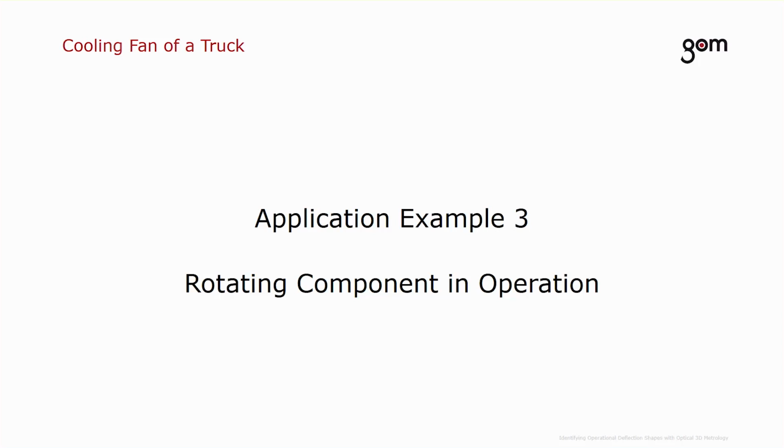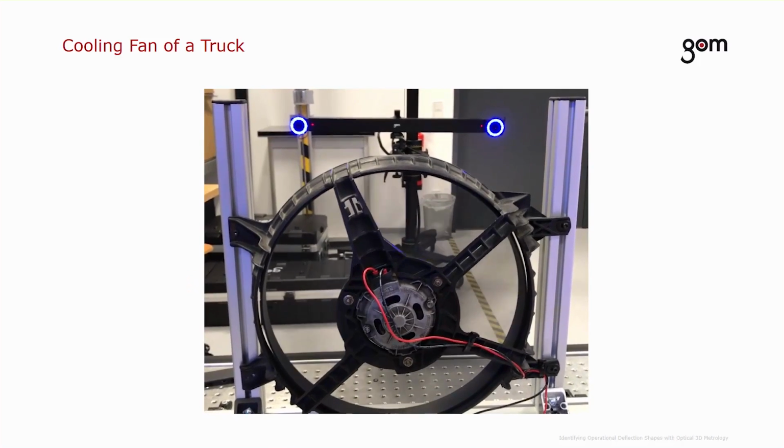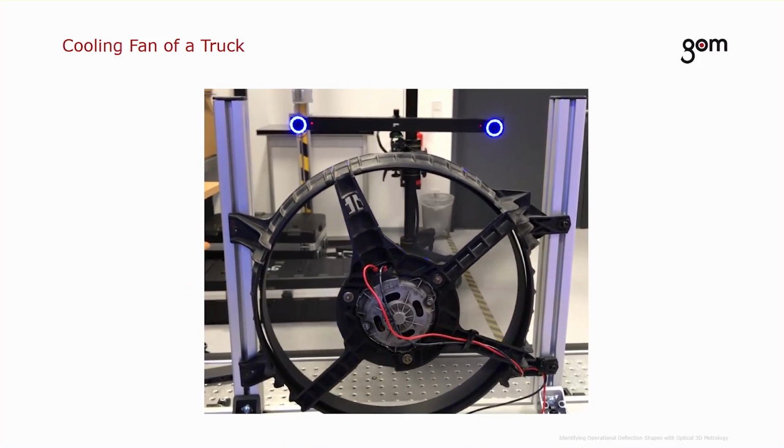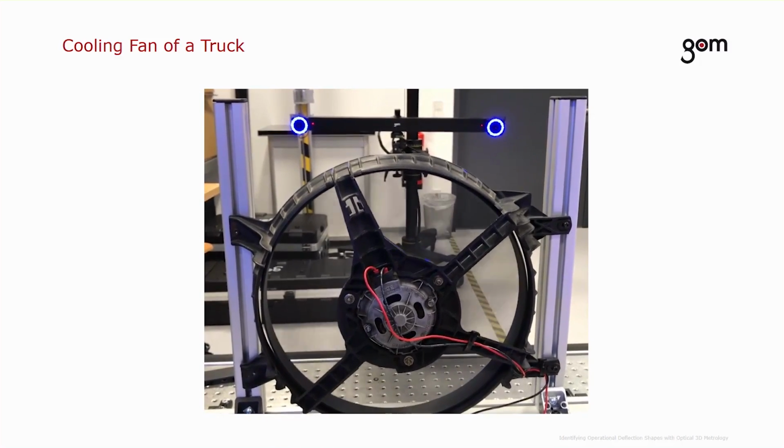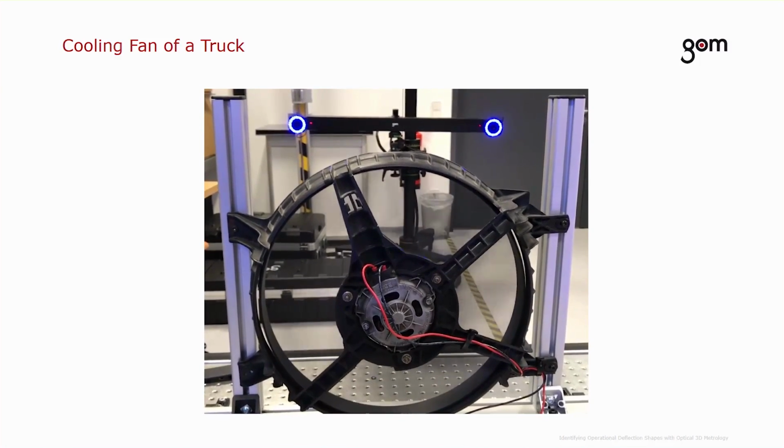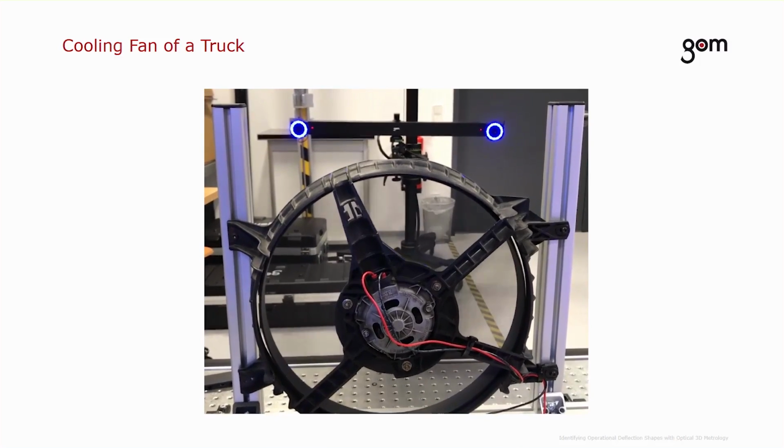The third example that I want to share with you comes from a rotating component in operation. As we work with a non-contact measuring technique, we can also capture motion information from rotating objects, like from this cooling fan of a truck that you see in the video.